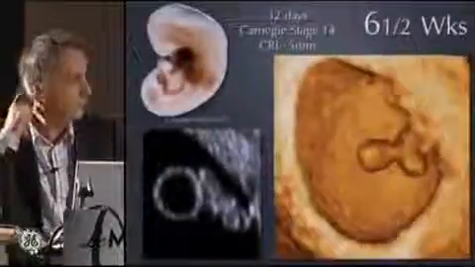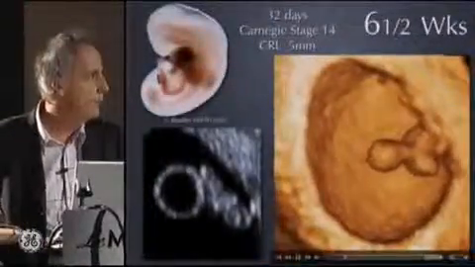Now some examples of normal pregnancy, 6.5 weeks. The embryo is here.